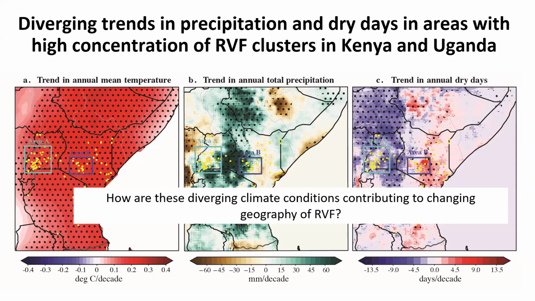And we don't really have longer term data to go back, but we're trying to collect those sources of information and do some more analysis to relate these changes in climate conditions to where the disease is starting to emerge. But climate is not the only factor. There are also various other factors that are contributing to this. So this is just one of the factors.